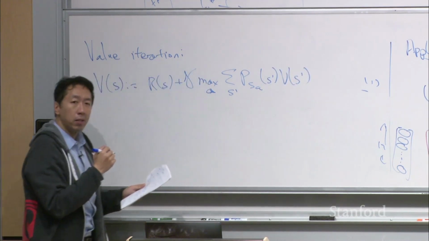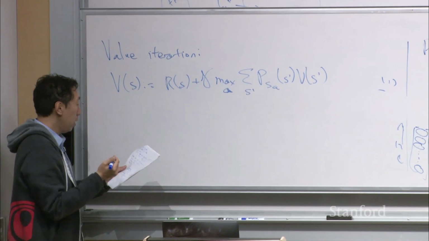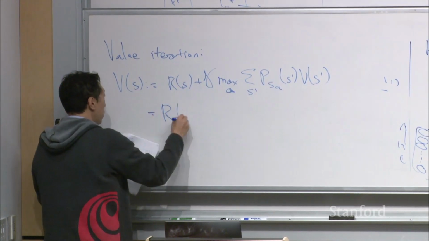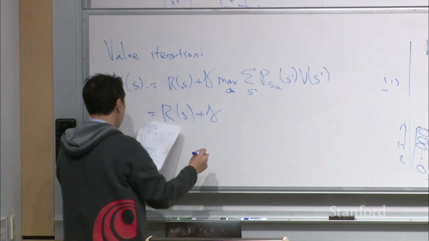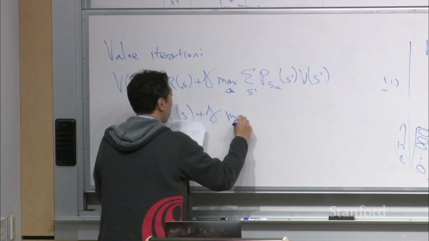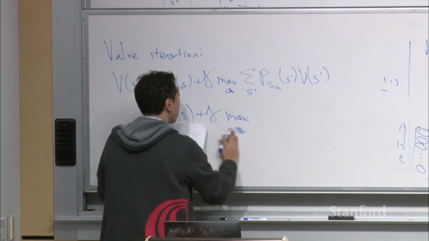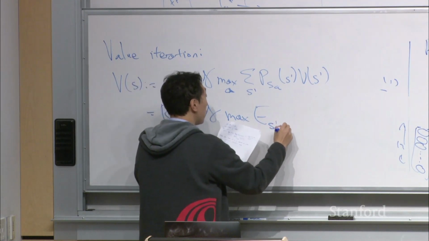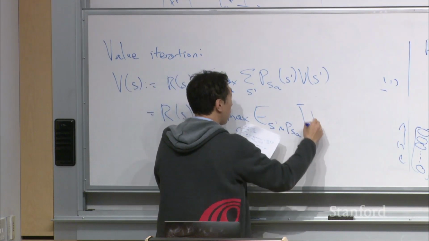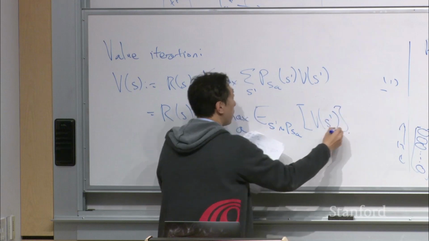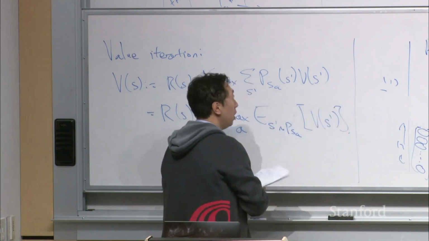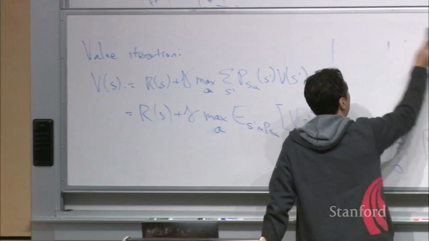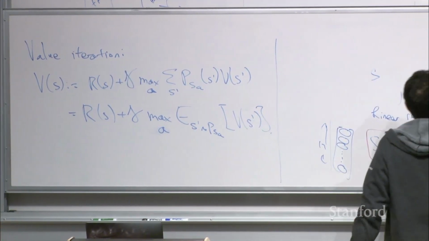So this was what we had last Monday. And I said at the start of today's lecture that you can also write this as this. Okay, so let's take that and generalize it to fitted value iteration.